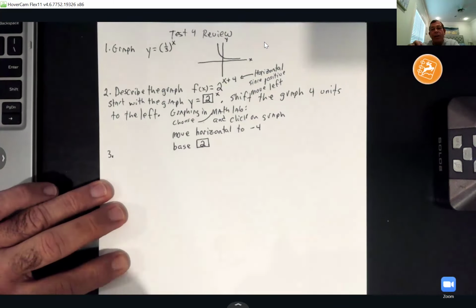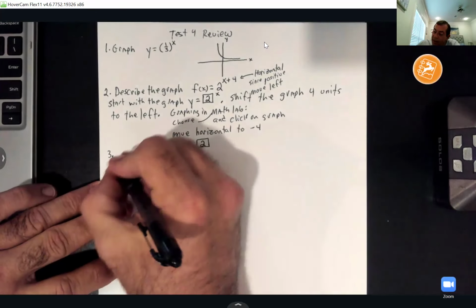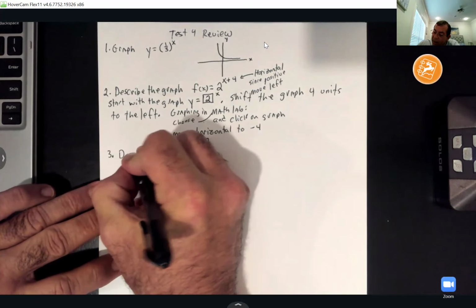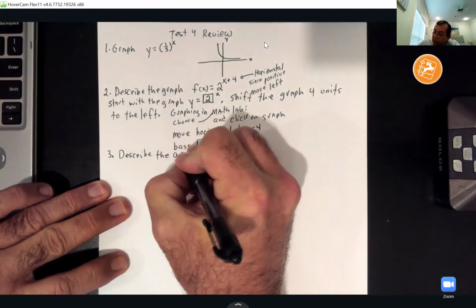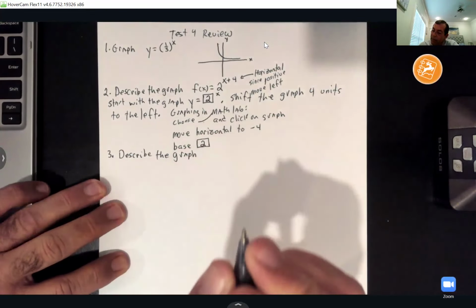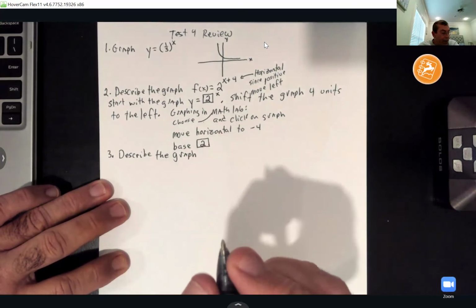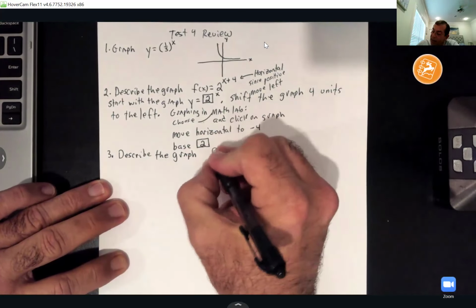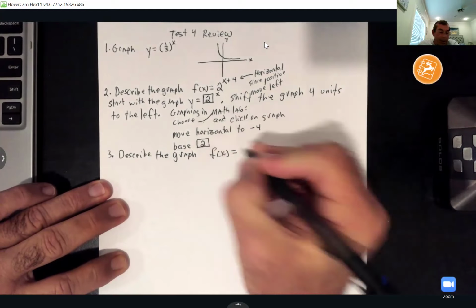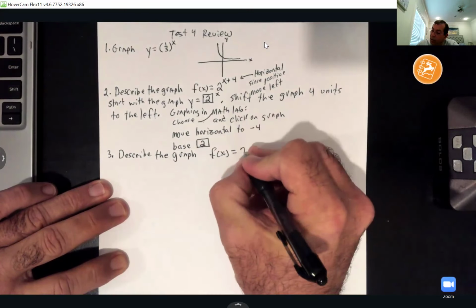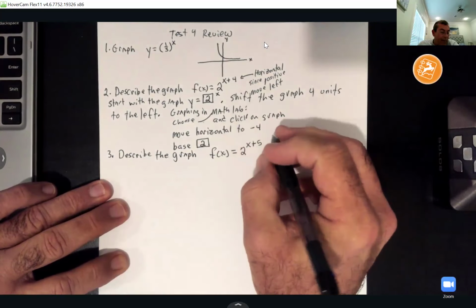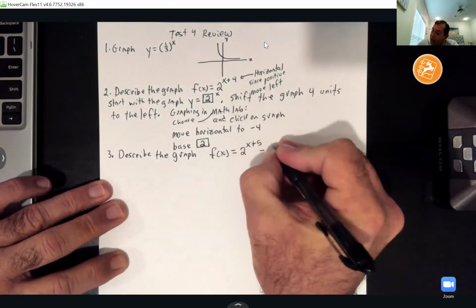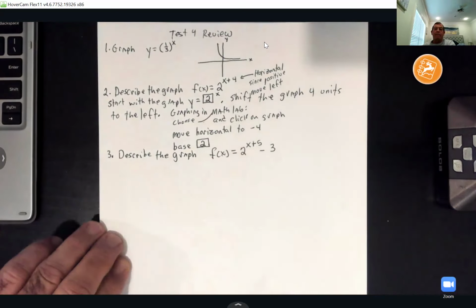All right, y'all. Number 3 was basically the same thing. It wants us to describe the graph. All right, and this one I got f of x equals 2 to the x plus 5, and then it's got -3.